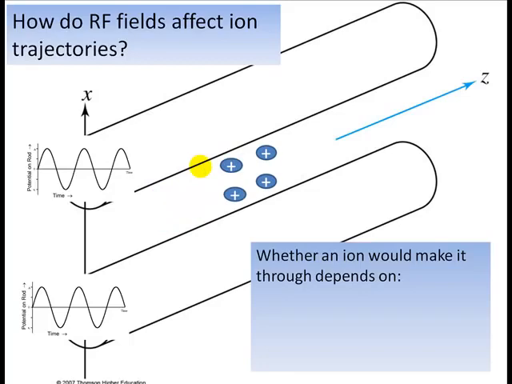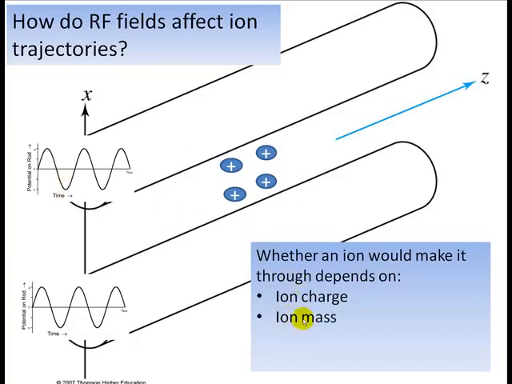So whether or not an ion makes it through when there's an RF field only depends upon the charge of the ion. If the charge on the ion is large, there are strong forces on it, and it will accelerate quickly, which increases its chance of smashing into the rod when the voltage is negative. Ion mass also factors into the physics of the motion.